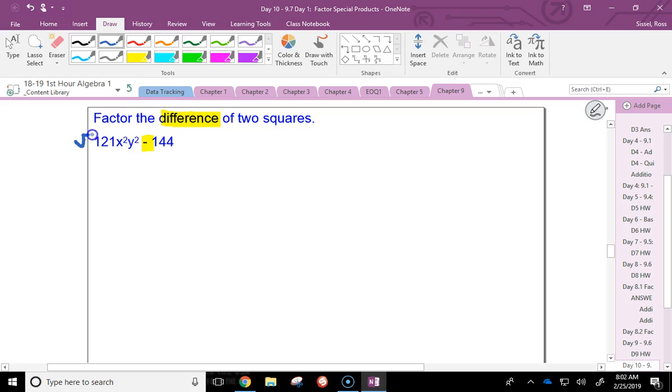First step is I square the first term. So if I square my first term, the square root of 121 is 11.